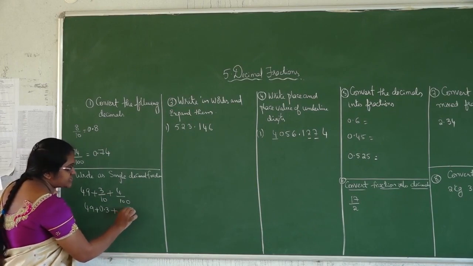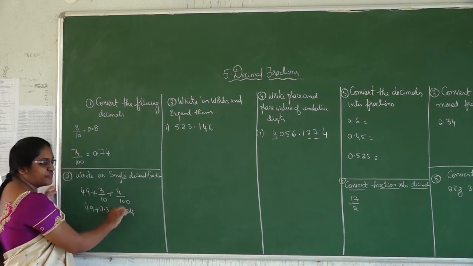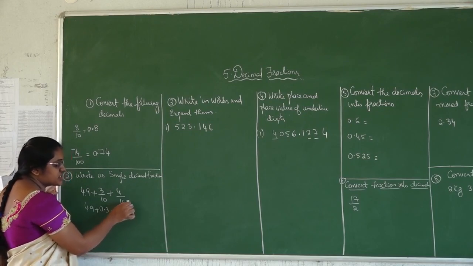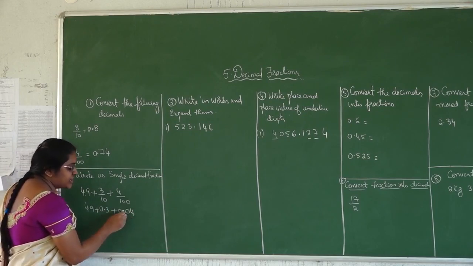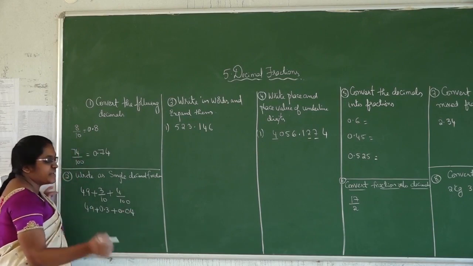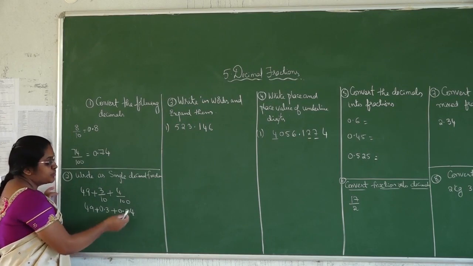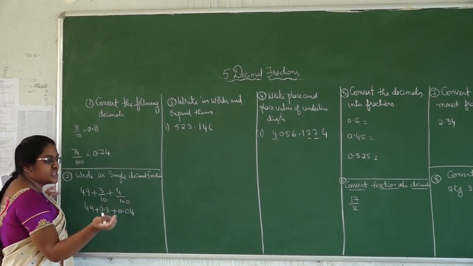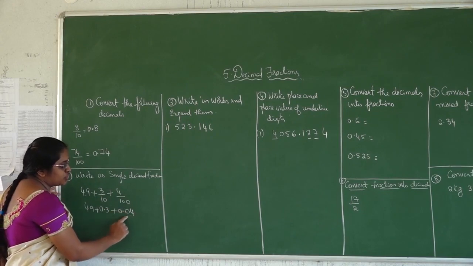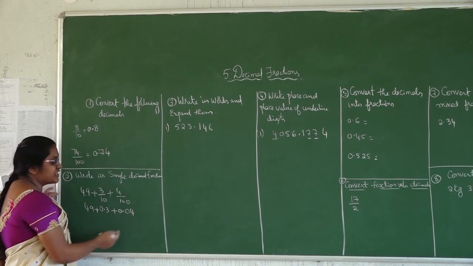So we have to place 0 in front of 4. Since 2 zeros are present, after the decimal 2 digits should be there. If no digit is present, you have to put 0 before 4 so that you get 2 digits.